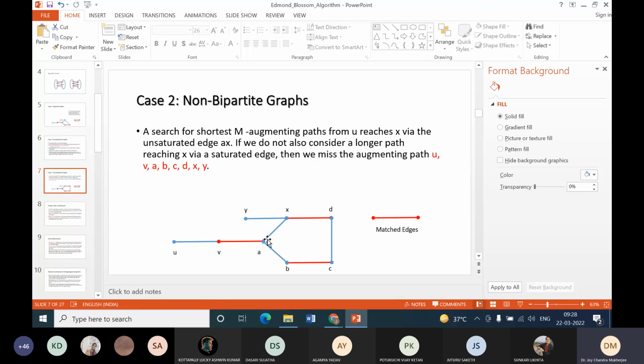Like this vertex, you can reach with this saturated edge, this vertex with this saturated edge, and this vertex also with this saturated edge. Then X also you can reach with a saturated edge: U, V, A, B, C, D, X. Okay, so that is the first observation.